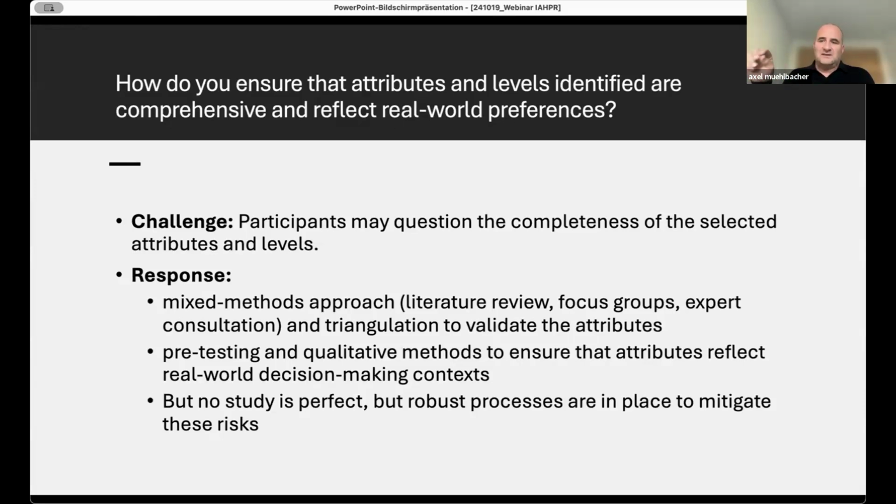And that not only can be done by, if there's a positive coefficient, we have to demonstrate that within a mixed method approach, which is built on top of each other, we can describe how we ended up with a certain list of attributes, which in basics, we call triangulation.